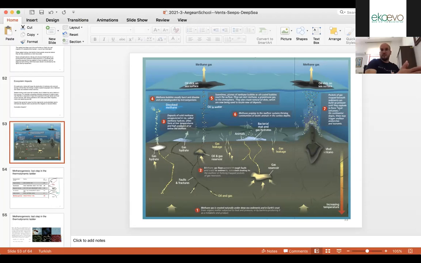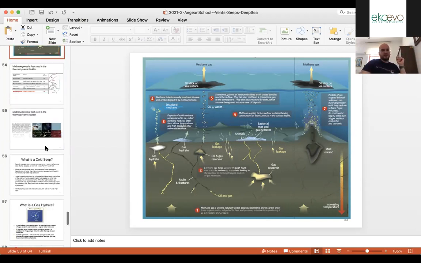You have reducing hydrogen and methane fluxing out, meeting the oxygenated seawater. Once this interface is set up, microbes colonize the area. In this case, they become methane-eating or hydrogen-eating microbes. Then higher level organisms such as mussels or even some tube worms can again go into symbiosis with these microbes and develop an entire ecosystem around gas seeps.